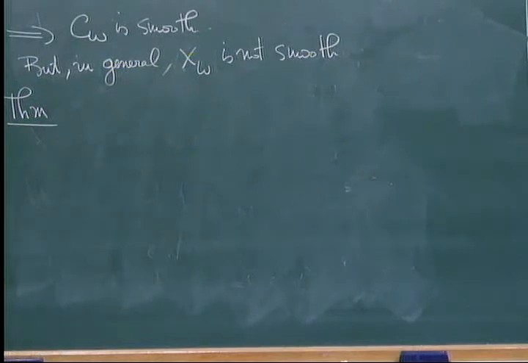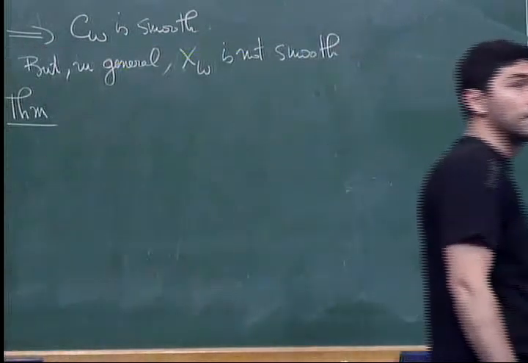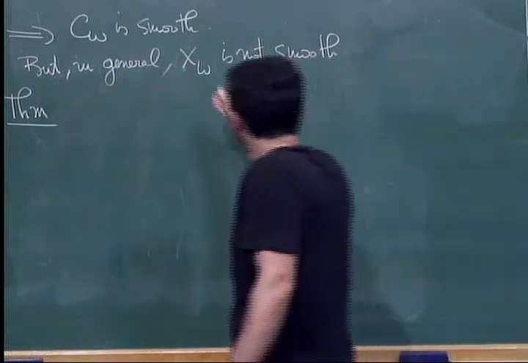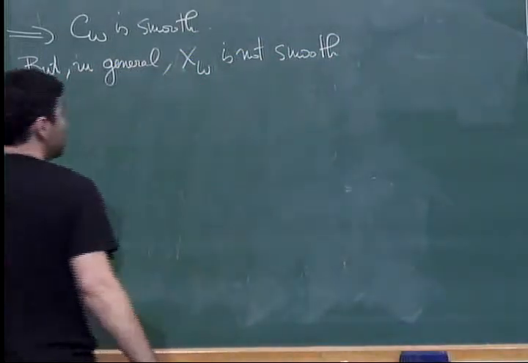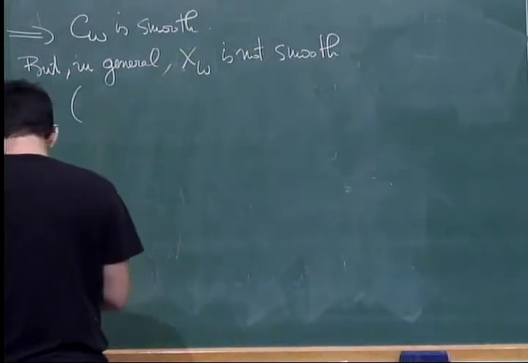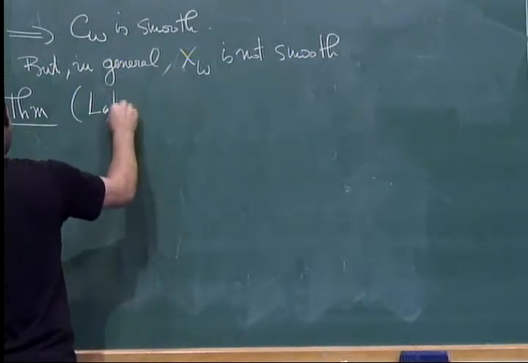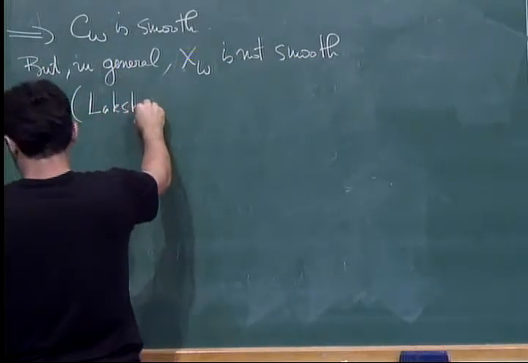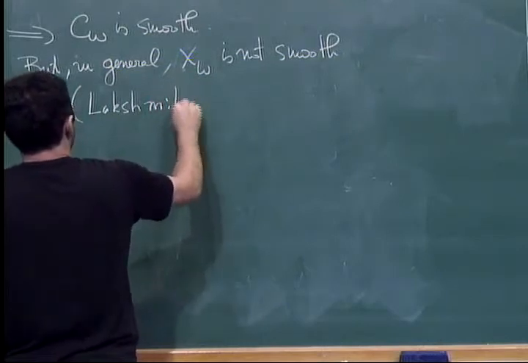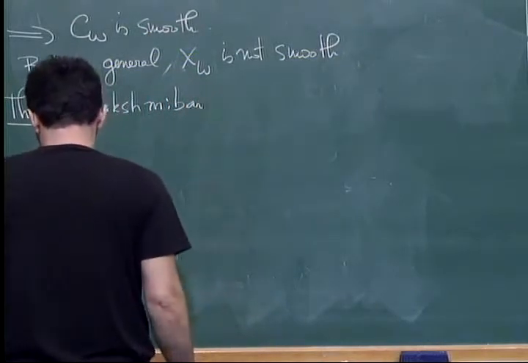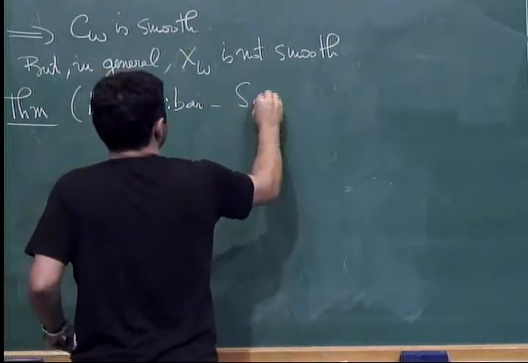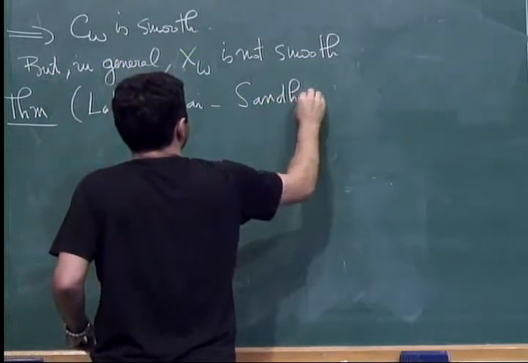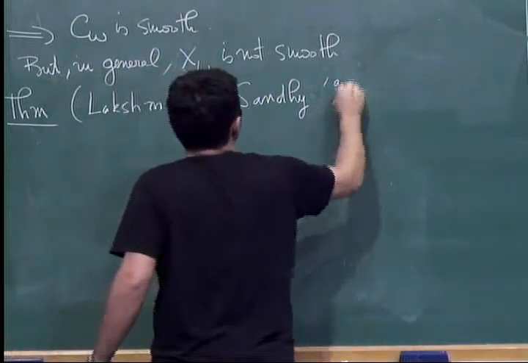There is a combinatorial condition on omega to check whether this variety is smooth or not. This is due to Lakshmibai and Sandhya, 90.